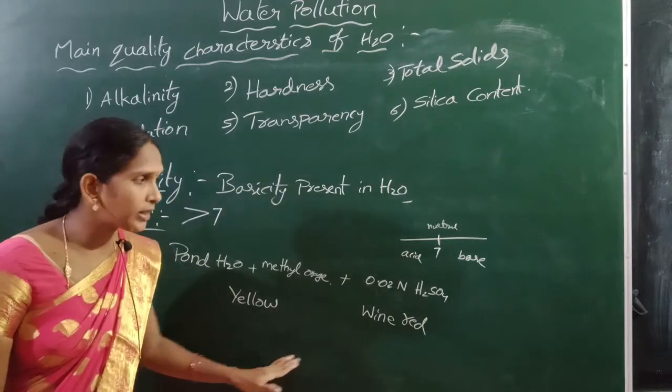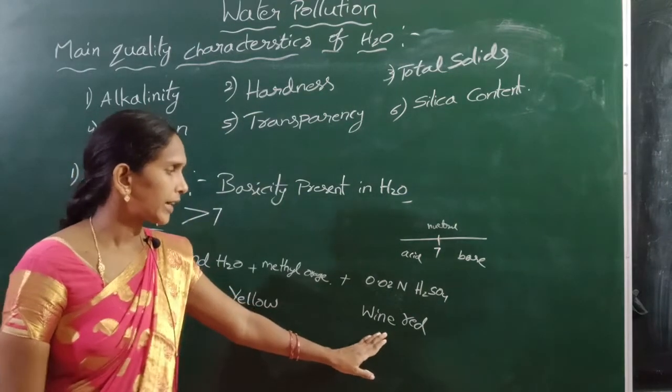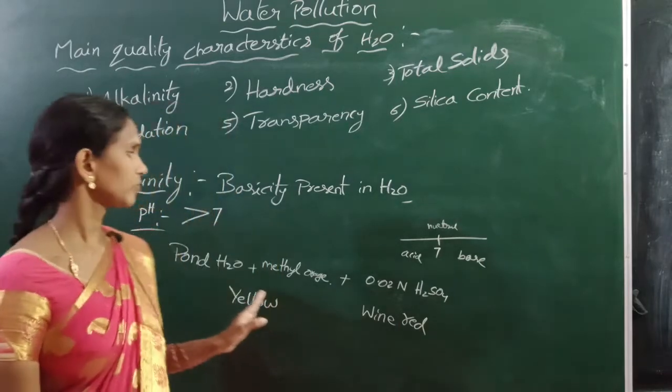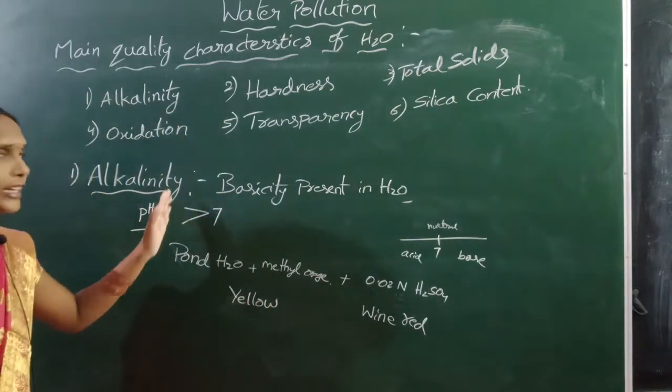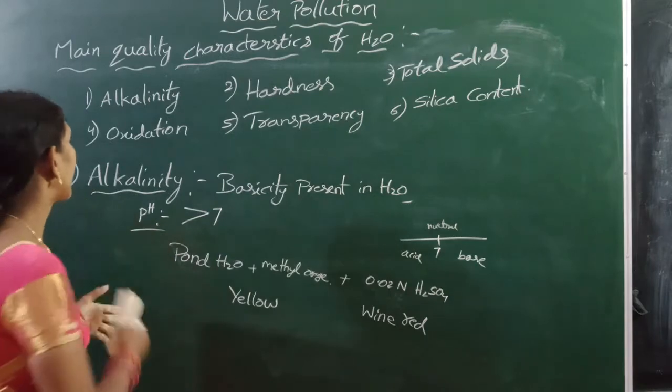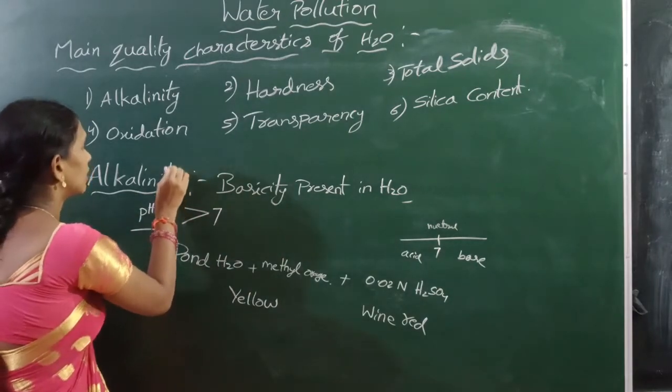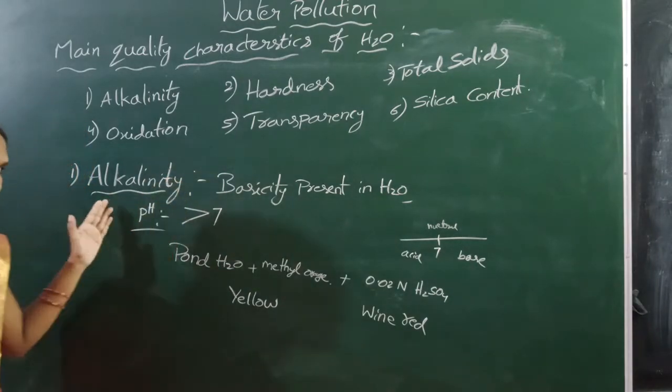Then we find the end point. The color is wine red. This is the alkalinity.